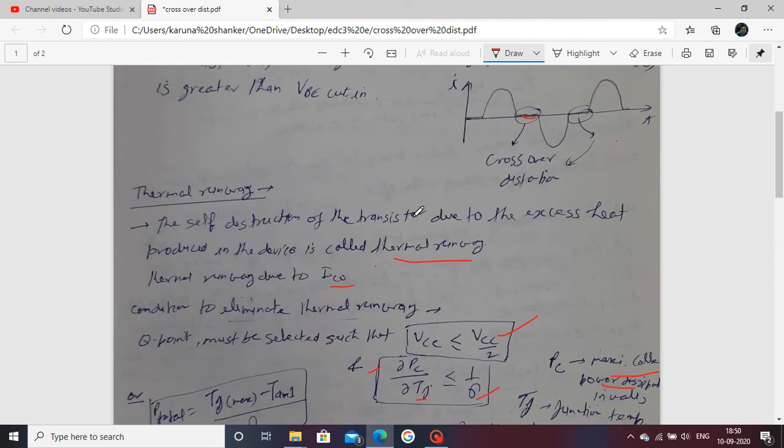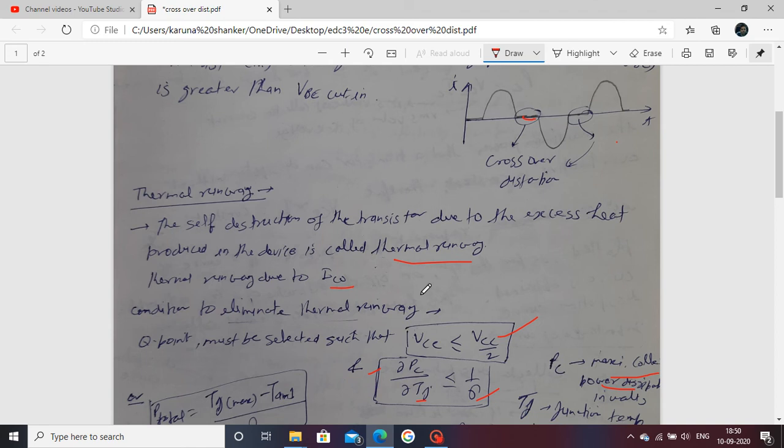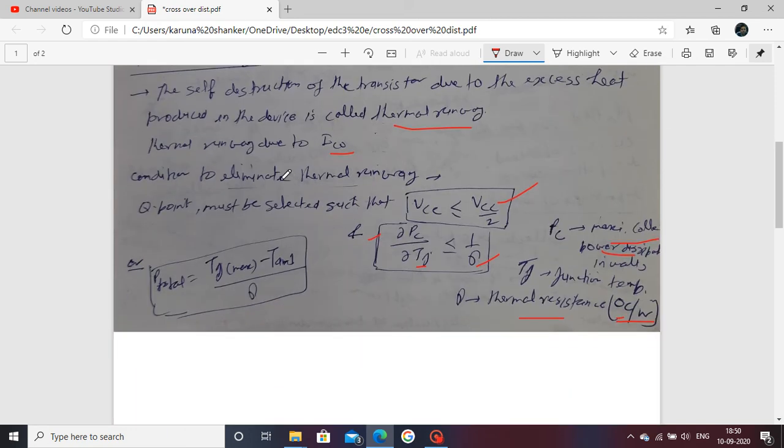When the temperature increases near the power amplifier, heat is produced. Now, how do we reduce the heat produced by the power amplifier? Using the relation VCE less than or equal to VCC by 2, and as the second relation, you use this one.